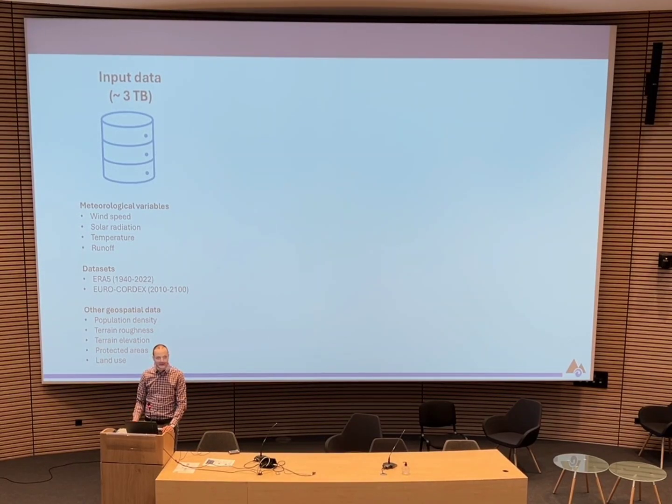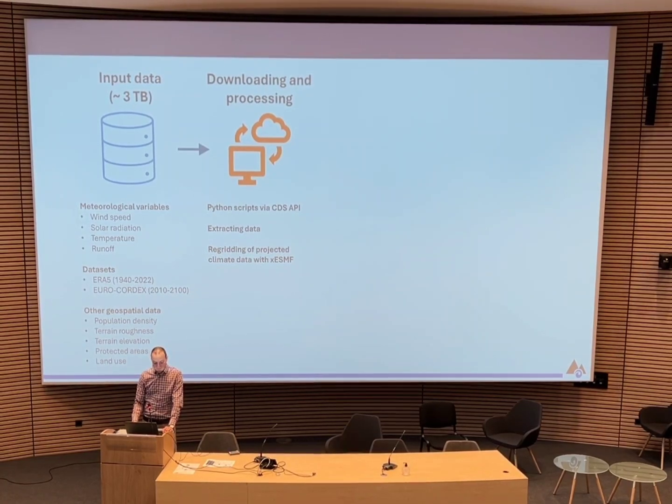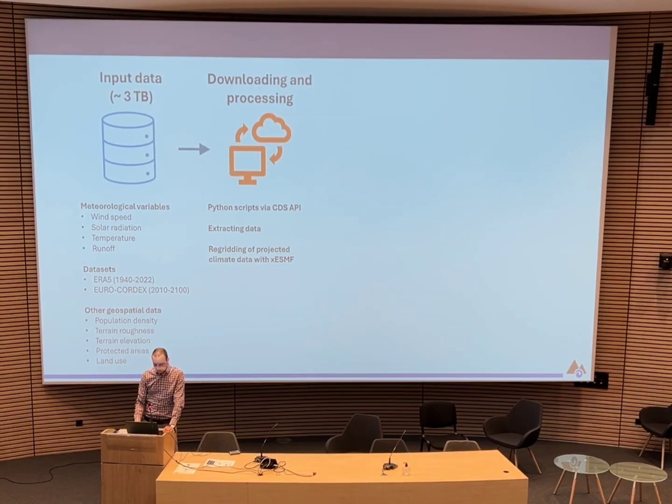And we also retrieve other geospatial data such as population density, terrain roughness, terrain elevation, protected areas, and land use. So we retrieve and extract this data, and we also perform a regridding of the climate data projections to make them consistent with the analysis data.